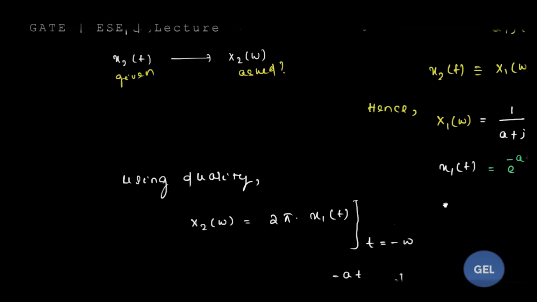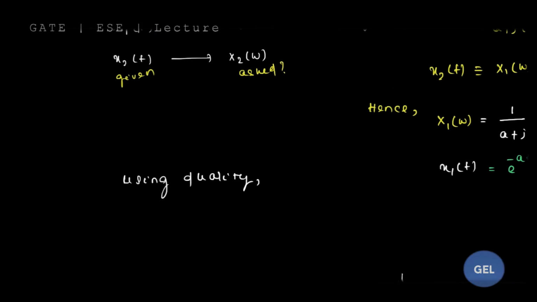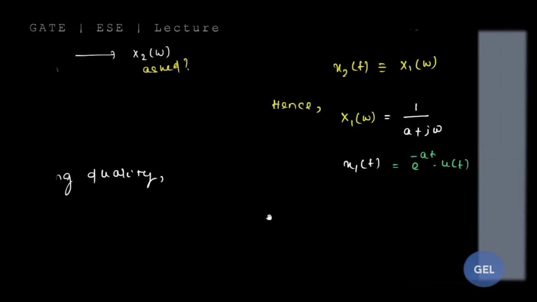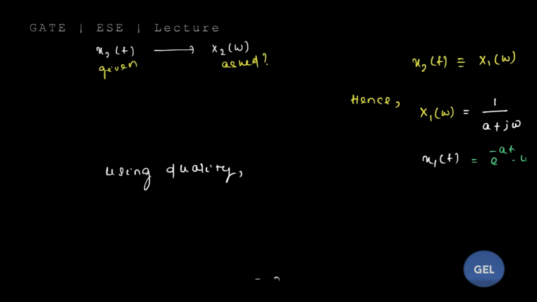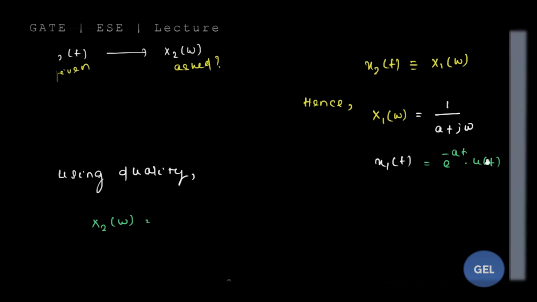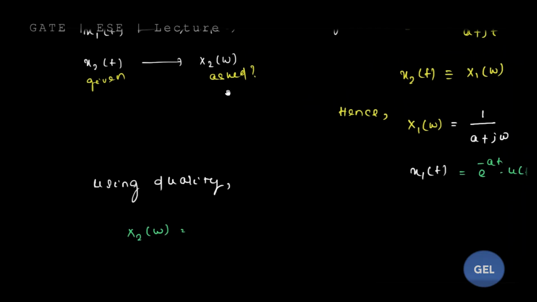Clear? Now the duality concept says that if you have already found x1(t), then you can easily find x2(omega), because x2(omega) will be nothing but 2 pi into x1(t), where t is replaced by minus omega.